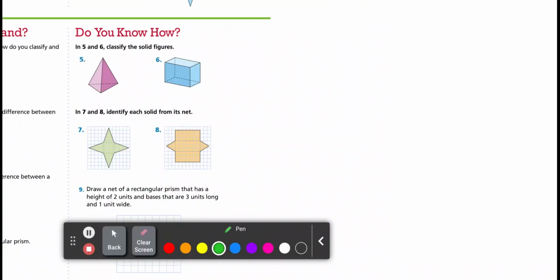Let's look at number 5. Number 5, what is the figure? Number 5 would be a triangular pyramid because it has a triangular base and all of the faces meet up at the vertex up top.